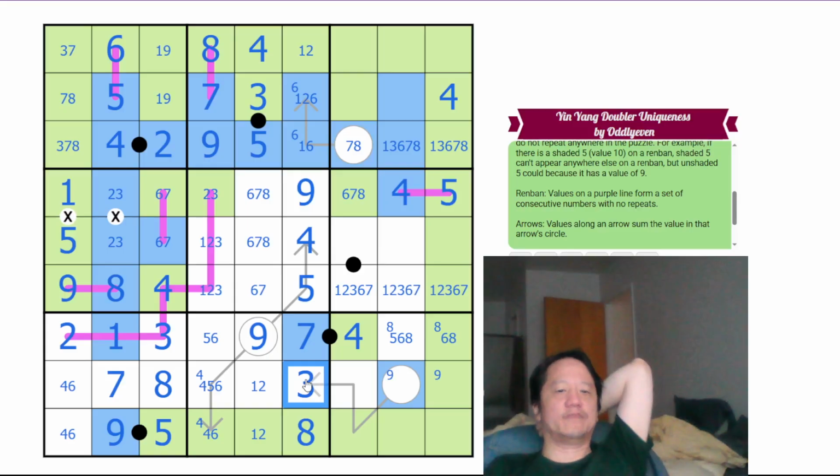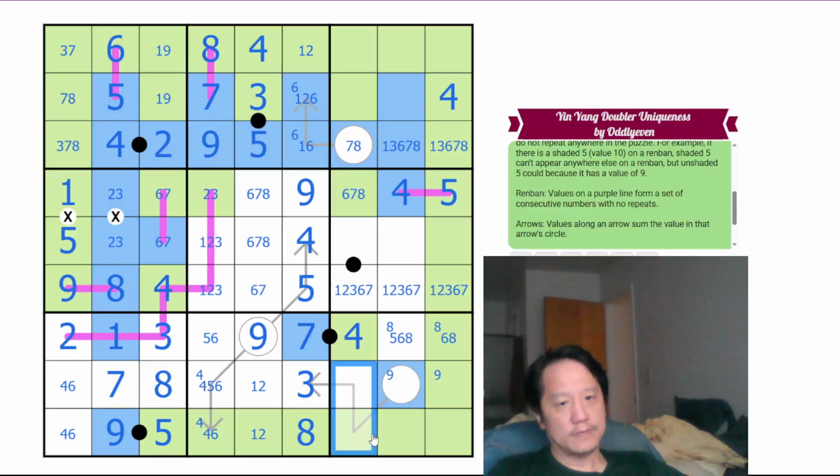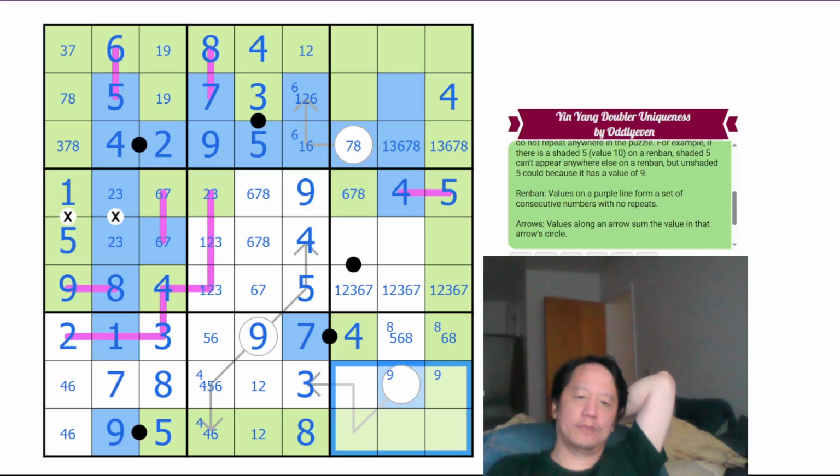What's the minimum then for these? There's no 8 here. Remaining digits in this box have to be what? 1, 2, 3, 5, 6, 7, 9.